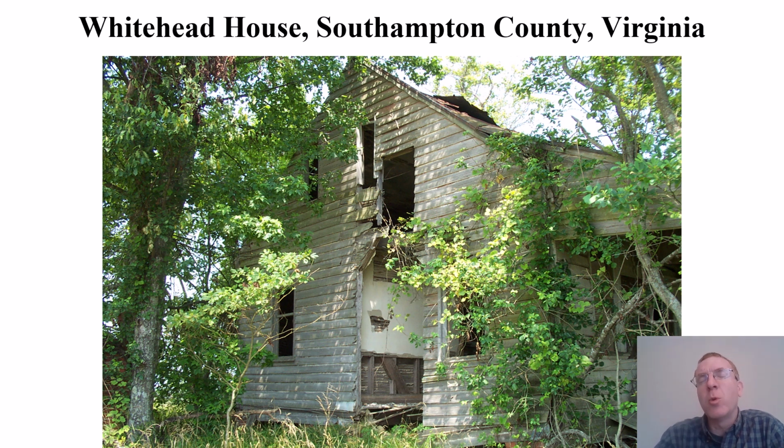The eventual goal that Nat Turner set for himself was to take Jerusalem, and with that, then have the rebellion move elsewhere. This is one of the houses where the insurrection took place, the Whitehead House. The white occupants of this house were brutally murdered. Swords, axes, knives, anything the slaves could find. And it was a rather large group.